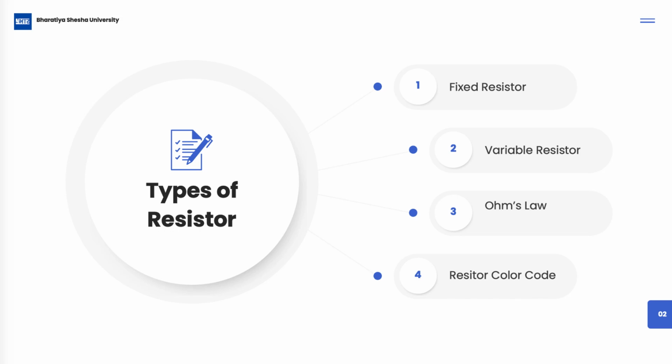These resistors are used where a constant resistance is required. Whereas with a variable resistor, the resistance value can be manually changed. Variable resistors are used in electronic components where the resistance should change depending on certain conditions. Examples include potentiometers, trimmers, and various other tools.